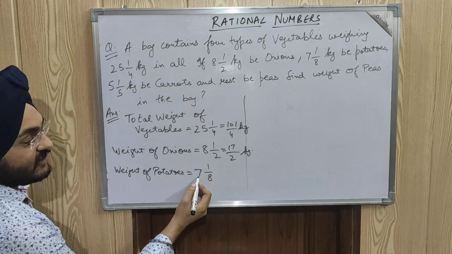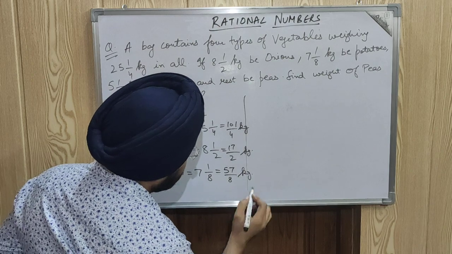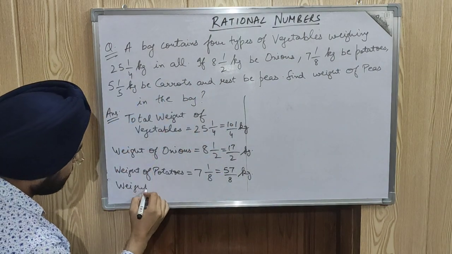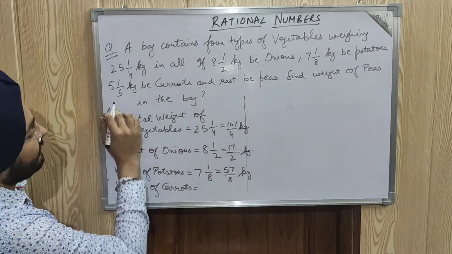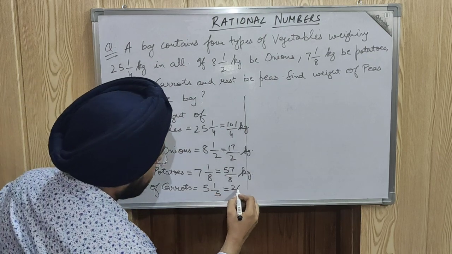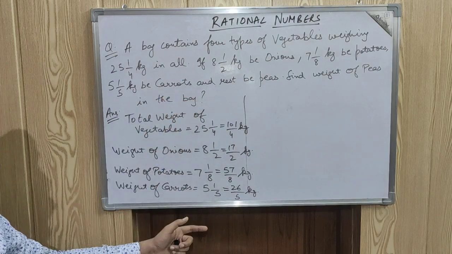So 8 into 7 is 56, 56 plus 1 is 57 by 8 kilogram. The next, the weight of carrots. What we have been given here is 5 1 by 5. So 5 into 5 is 25 plus 1 is 26 by 5 kilogram. So these things we have been given.